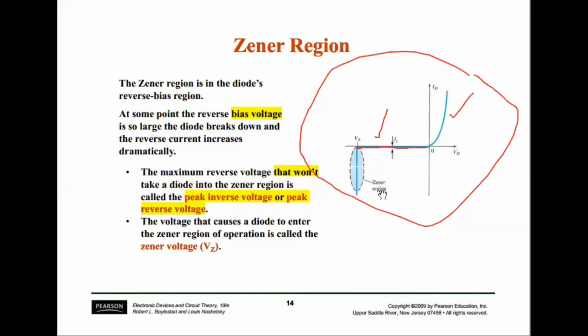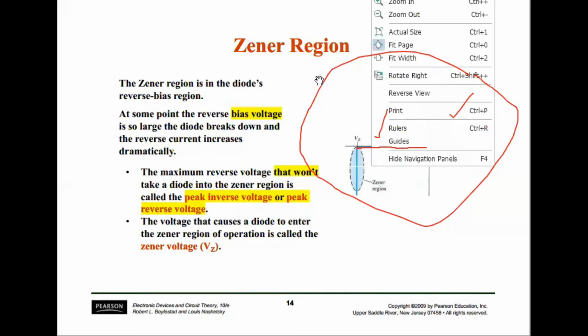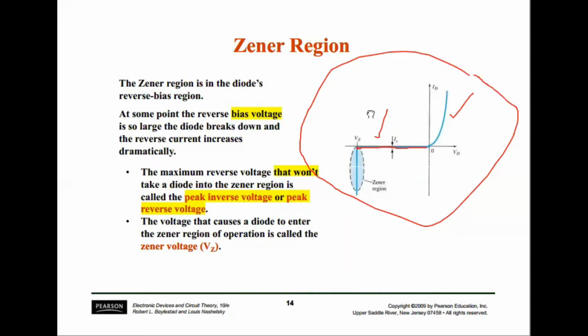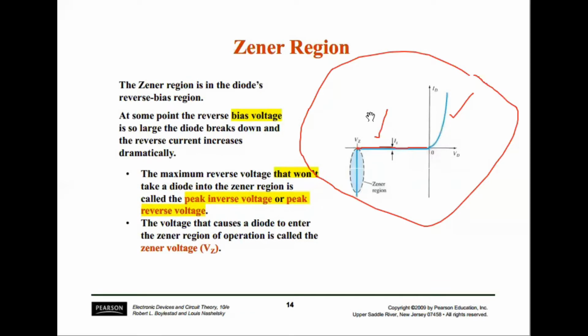There is a point where by increasing the amount of voltage, the current will have a constant value, but after some time the current value will drastically increase and become almost infinity at a certain voltage called VZ.